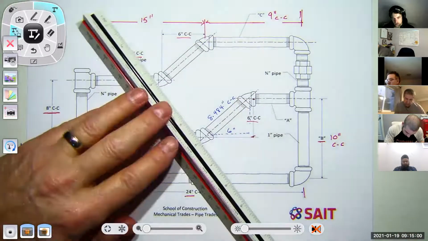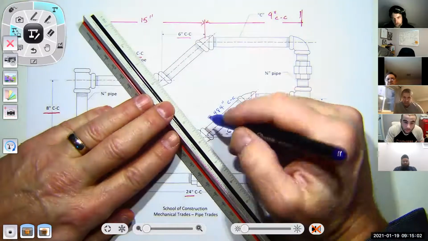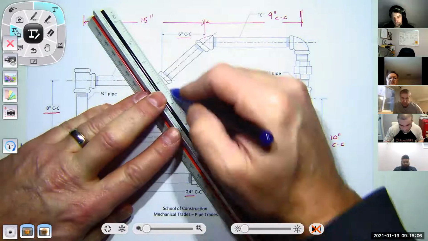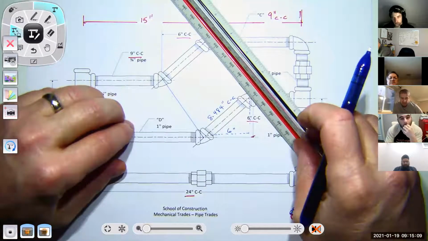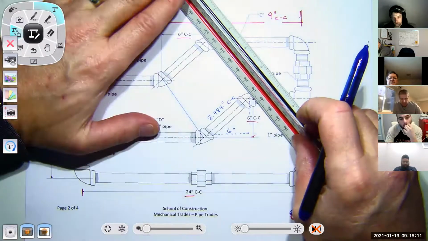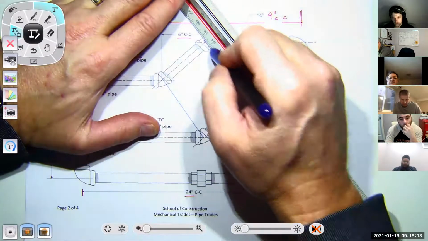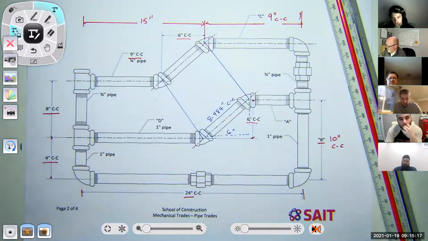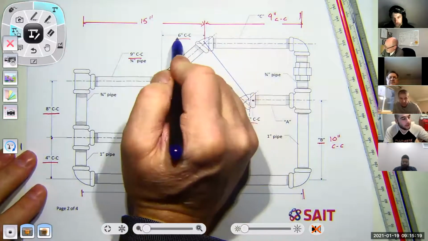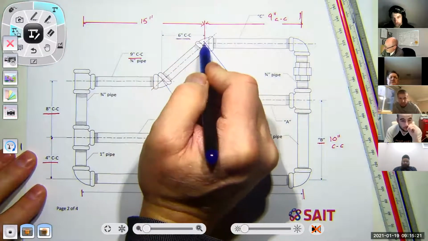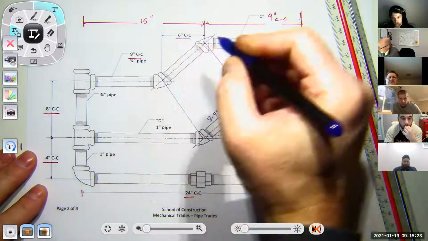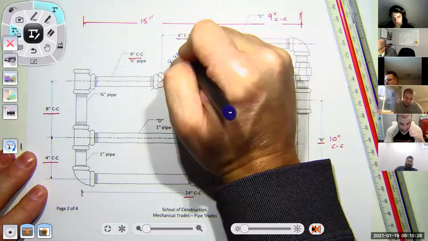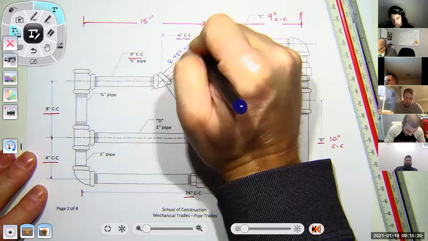Let me just bring that out a little bit here. And because this one up here is also 6 inches, so 6 times 1.414, that makes this one 8.484 center to center.